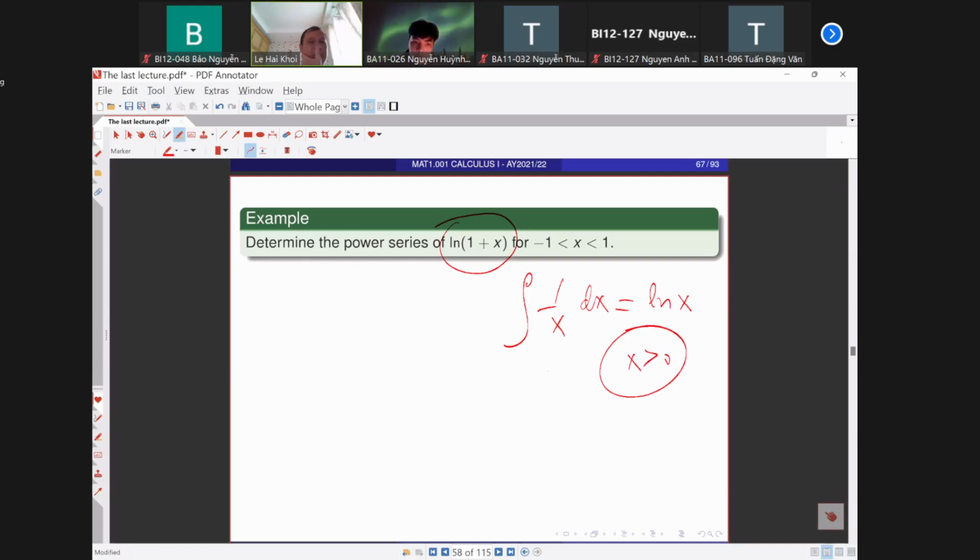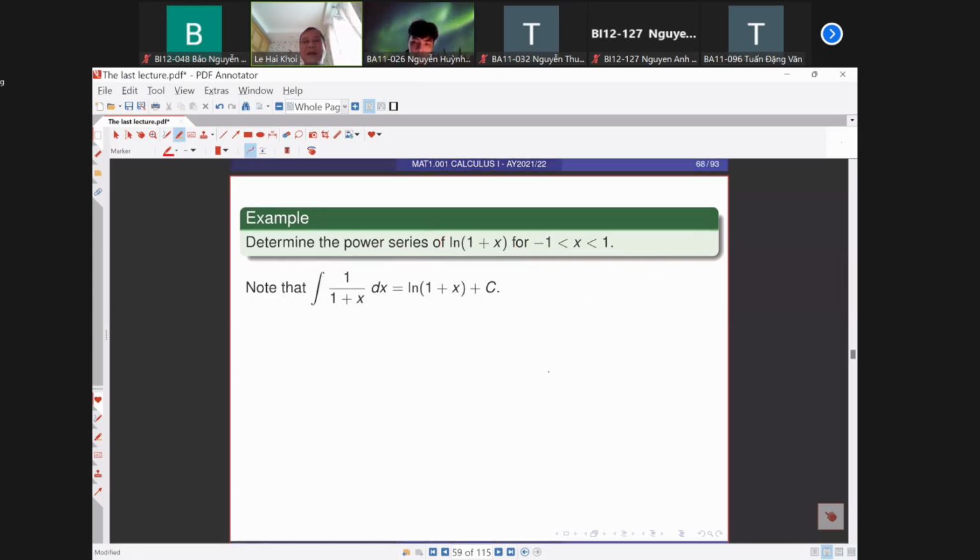So here you have the integral of 1 over 1 plus x. I change x to 1 plus x. I get this result, which means this function comes from the integral of 1 over 1 plus x.